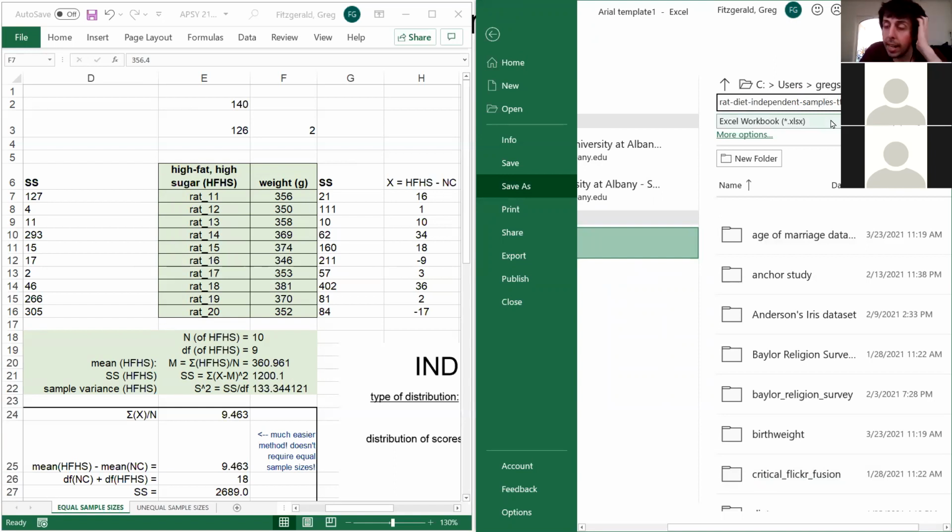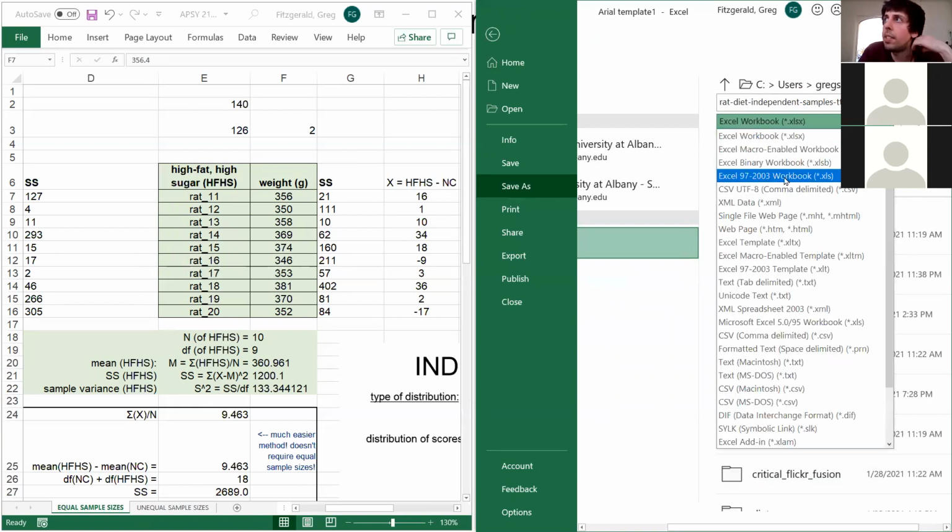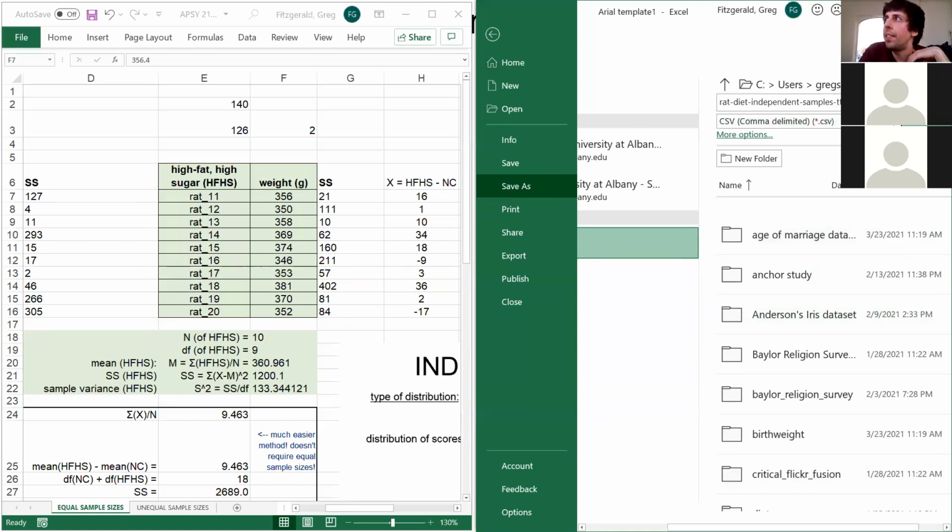And I'm going to make sure that I save this as the CSV type of file. So CSV is down here. There are multiple different types of CSV, like the MS-DOS or Macintosh version or the UTF-8 version, and I don't know what happens if I try those, but there's just one that's CSV basic, and I'll just save it like that.